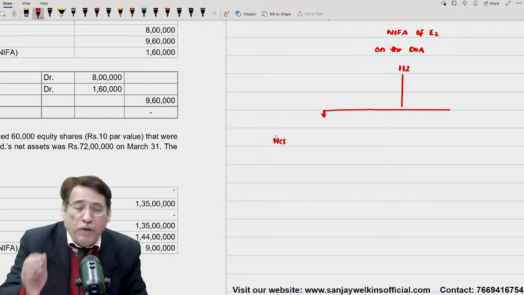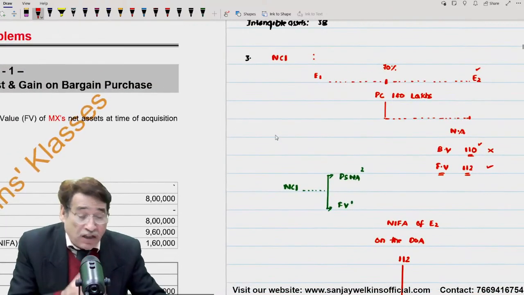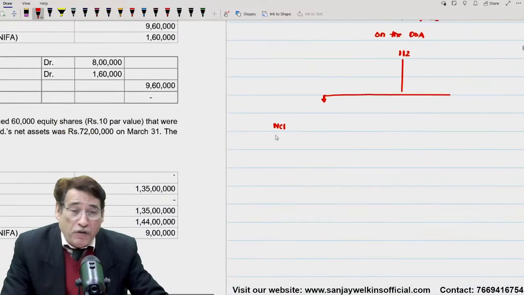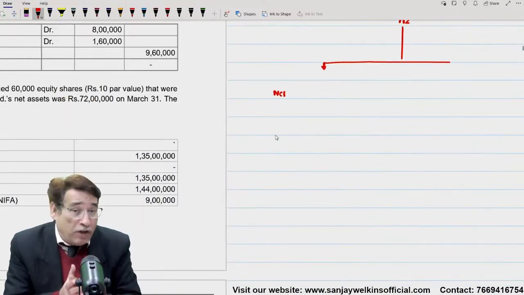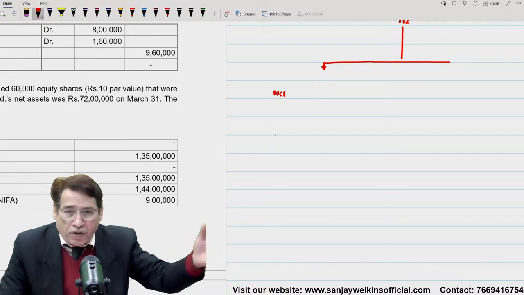First of all, you let me know. If suppose you have got the control, how much control do you have? 70% control. 70% of the share capital is in your hands. So quite obviously that means non-controlling interest holders are 30%, other shareholders.